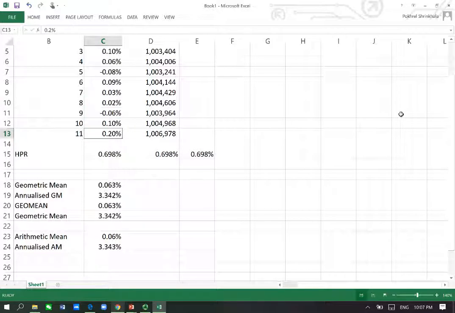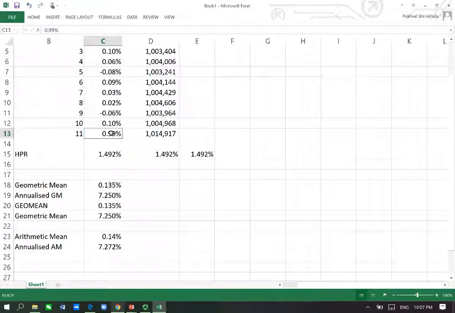But if we change week 11, let's say we get something like 0.99, then you will see that the difference now is bigger, 7.250 and 7.272 for arithmetic mean and geometric mean, both for the weekly and the annualized.